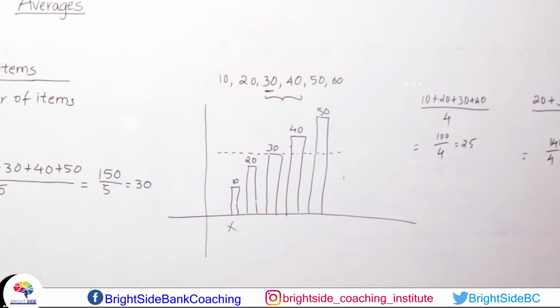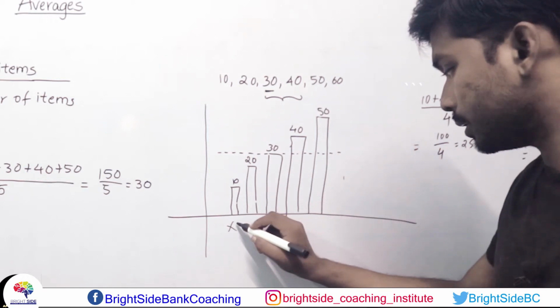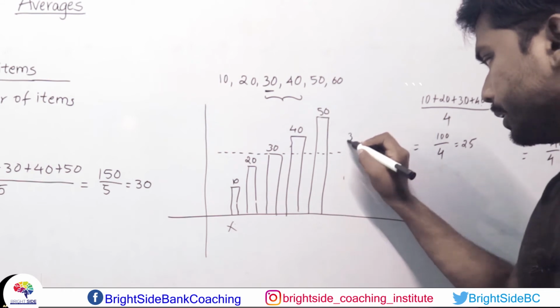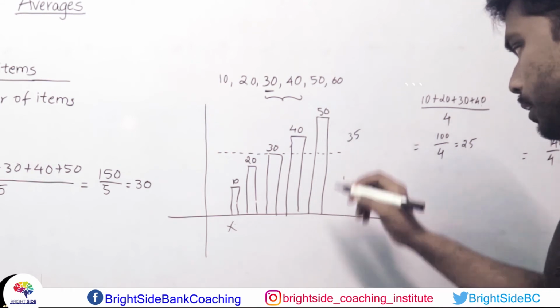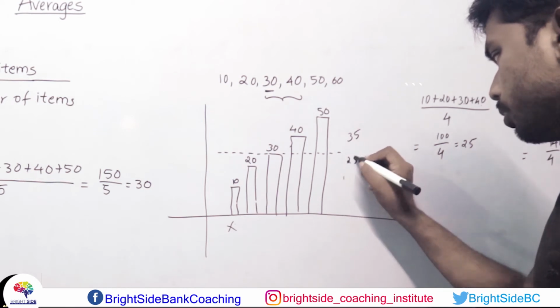That will be 4 3s are 12 and 2 remaining, 4 5s. So 35 is the average. That means if you delete this element, the average is getting high. If you delete this element, the average is getting low, 25.